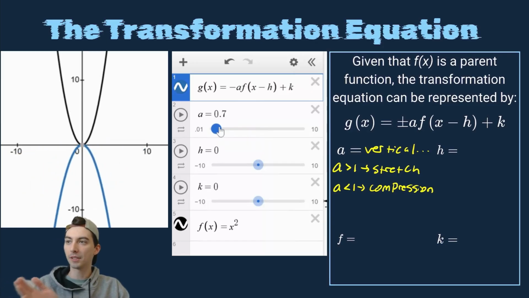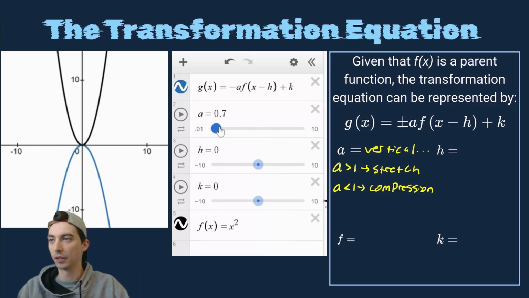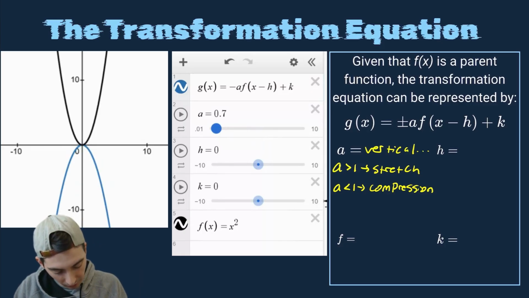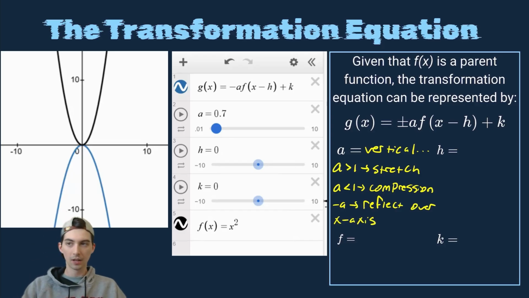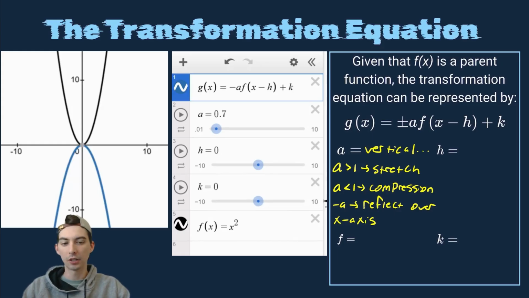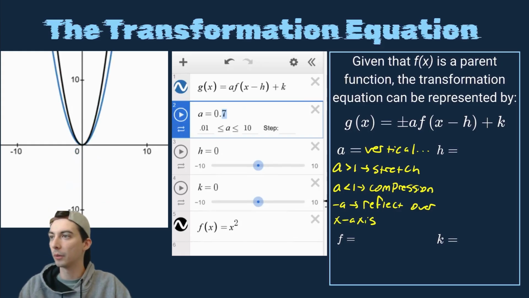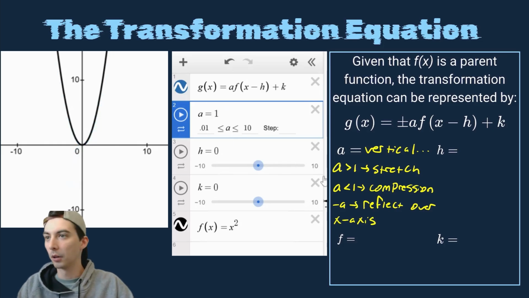The only thing that happens if a is negative is it reflects over the x-axis. So let's say if a is negative, we reflect over the x-axis. Okay, so that's our a. Let me go ahead and change this back to positive 1 so that we can look at our h value.